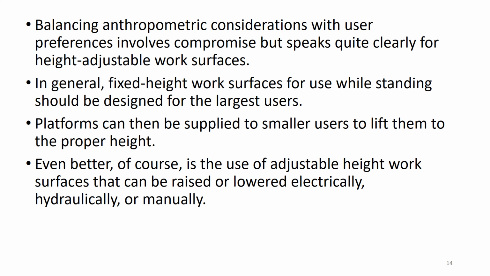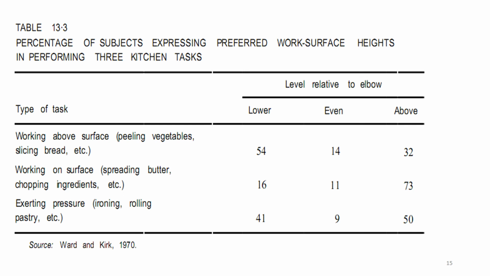Now, balancing anthropometric considerations with user preferences involves compromises, but speaks quite clearly for the height adjustable work surface. So instead of using a fixed work surface, if you have a height adjustable work surface, it will suit all kinds of persons. That is being explained in this slide. And you have a table here.